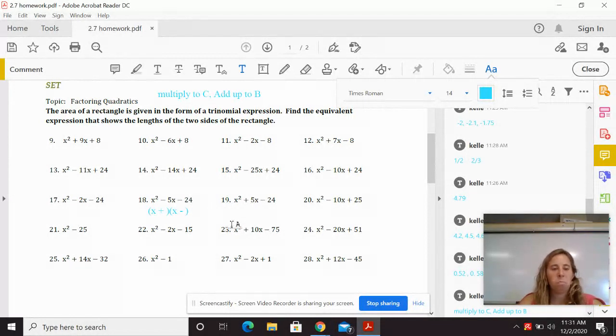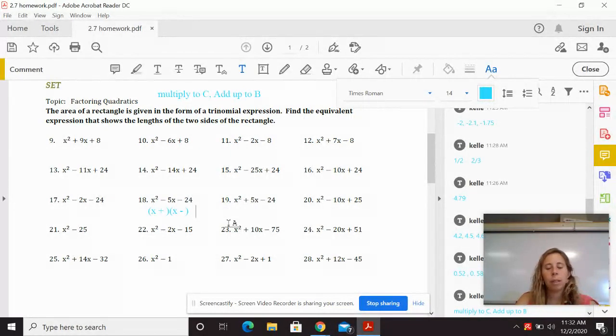So, I don't know, 12 and 2, and then one of them has to be negative. We'll make 2 negative. 12 times negative 2 is negative 24. Do they add up to negative 5? 12 minus 2 is 10. Oh. No. So it's not 12 and negative 2.